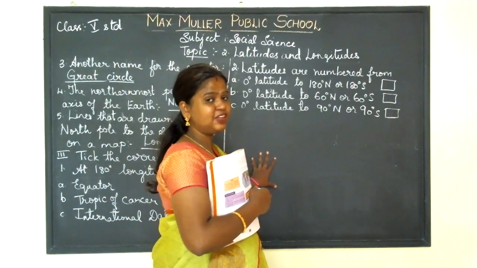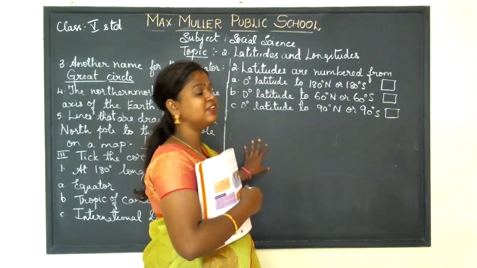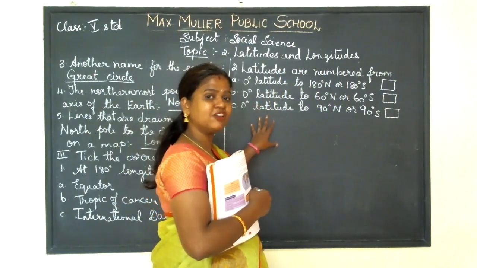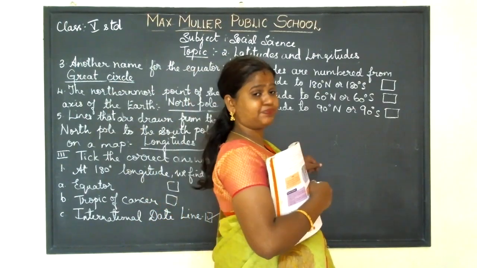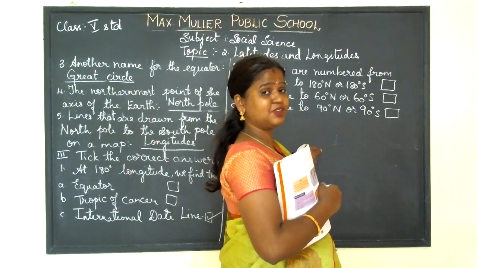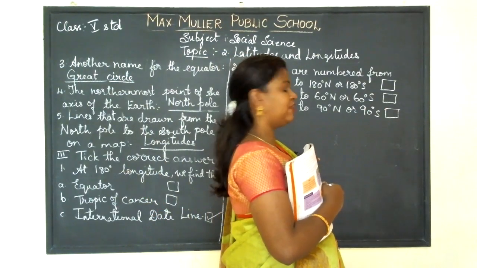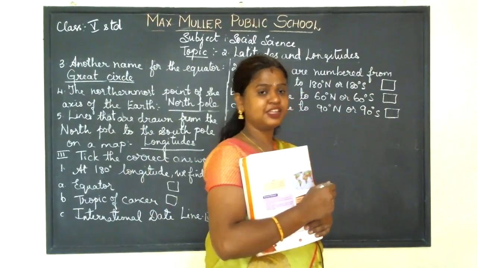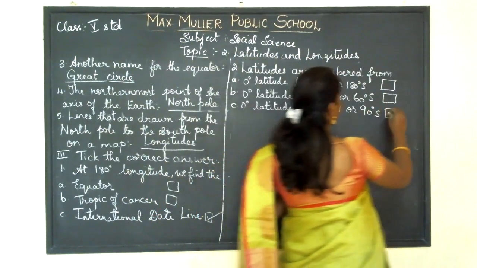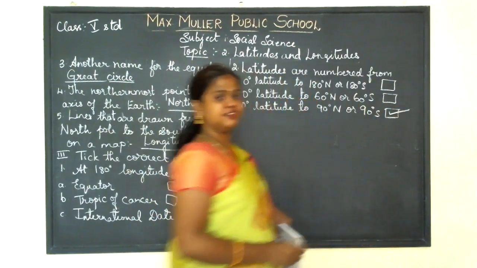So here the latitudes are numbered from 0° to 90° north in the northern hemisphere, and in the same way the latitude extends from 0° at the equator to 90° south. So the answer will be C.